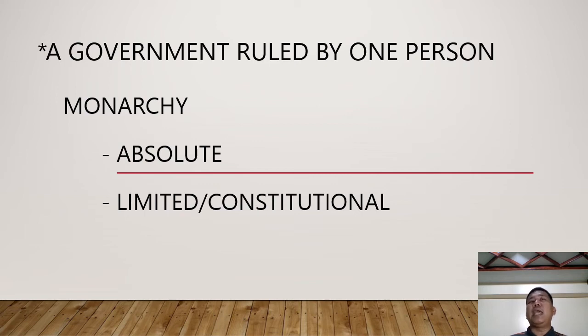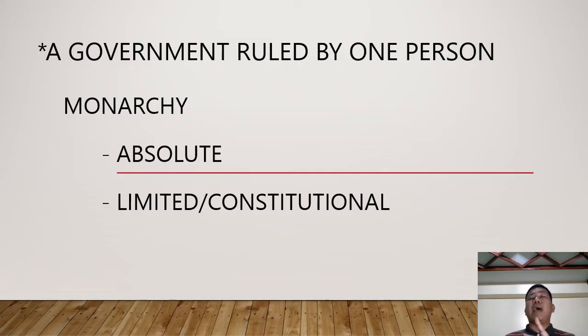That's why in a monarchical system of government, under a limited or constitutional monarchy, there are two heads. One is the head of the state, and the second is the head of the government. The head of the state is usually the monarch, where the function is usually ceremonial. When there is a ceremony, they have the function. When there is no ceremony, they don't have a function at all.